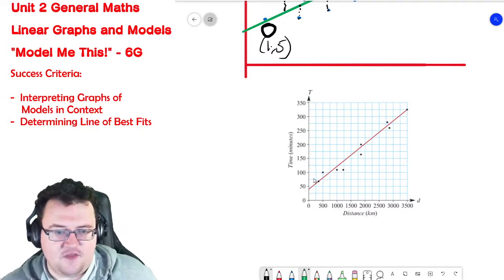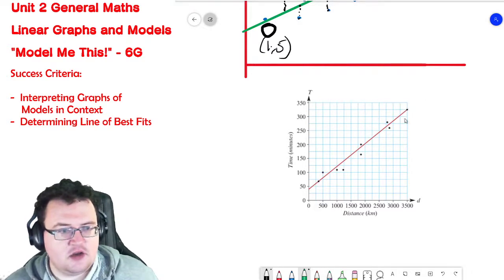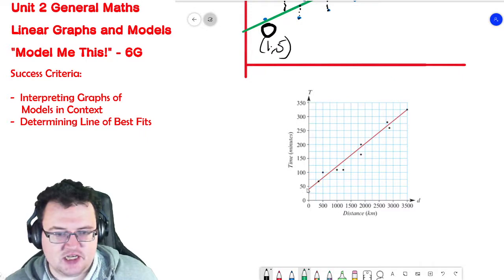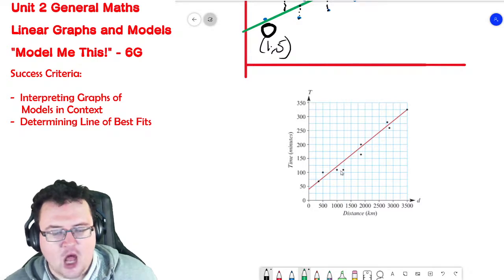is that, again, the leftmost dot and the rightmost dot have been connected with a line, and it has been extended to here. And you'll notice that overall the dots are pretty evenly far apart from where the line is. I say approximately.